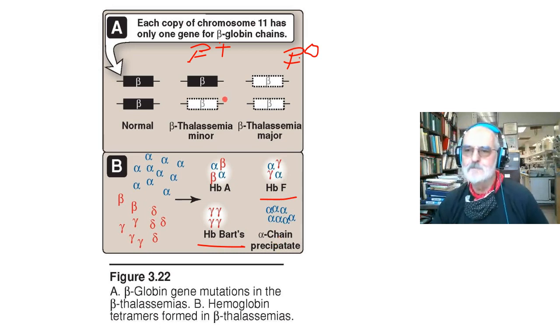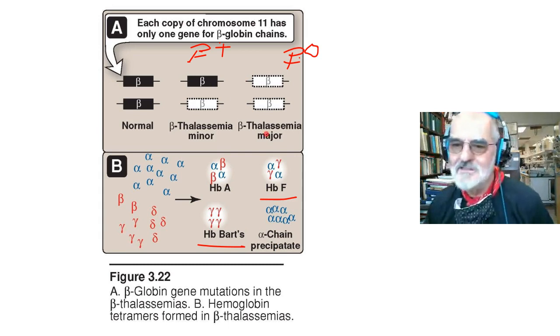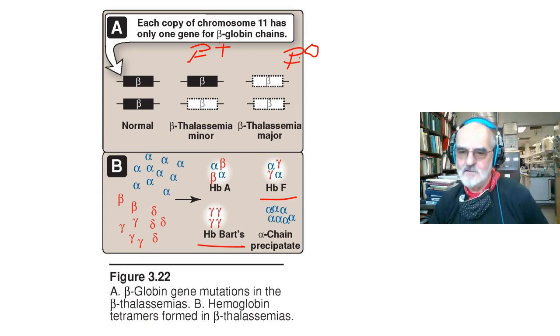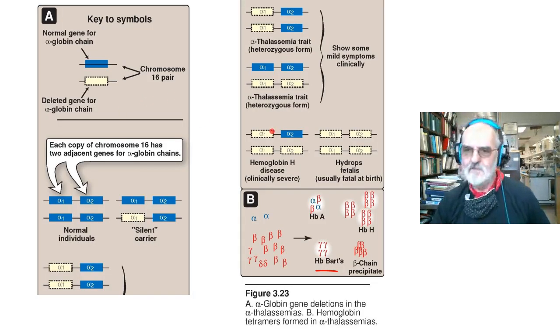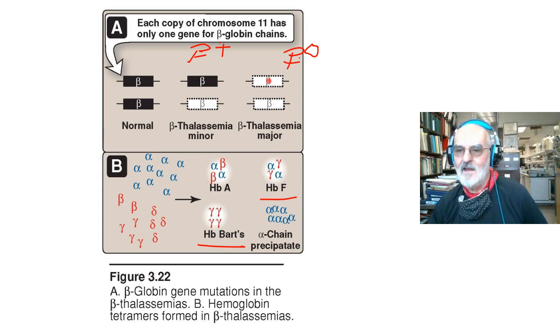Okay? So the severity of your disease, whether it's a beta thalassemia or an alpha thalassemia, will depend upon what the expression levels are, okay? And how well your oxygen transport systems are working, and at what point it causes severe disease.